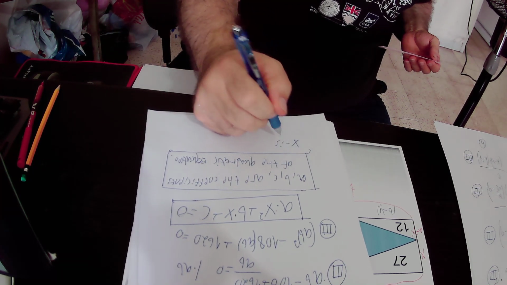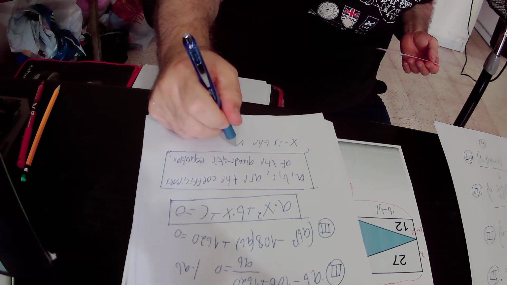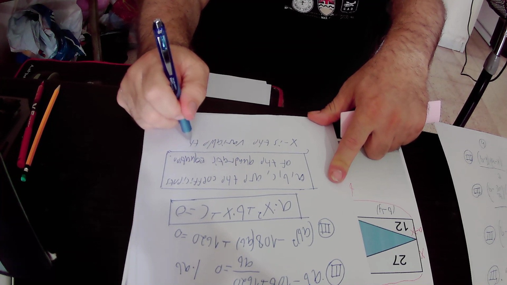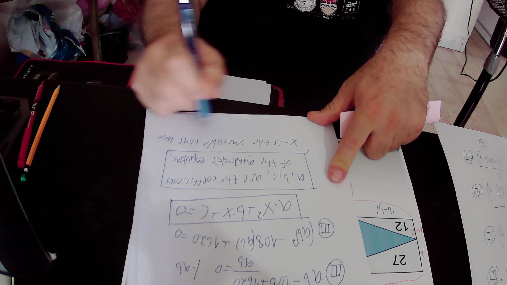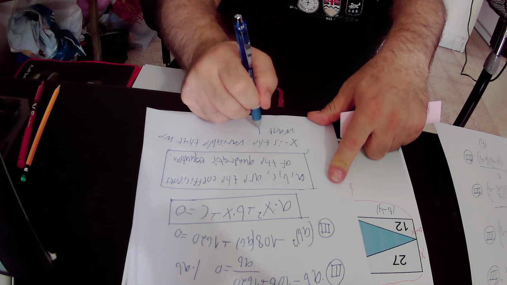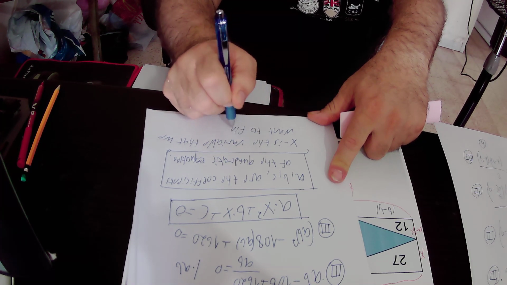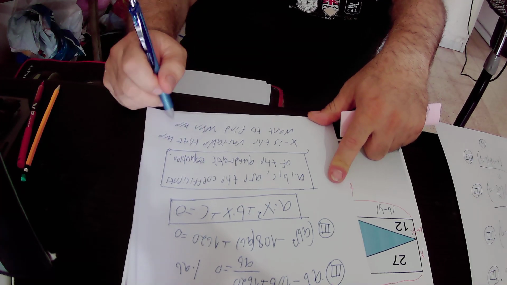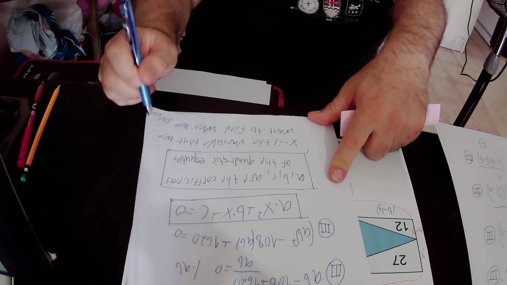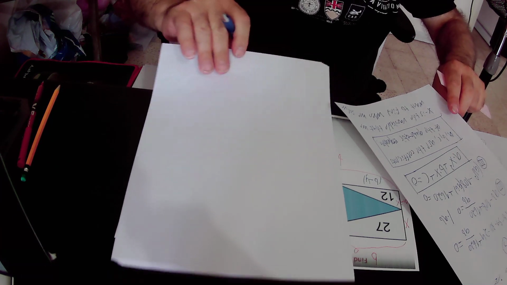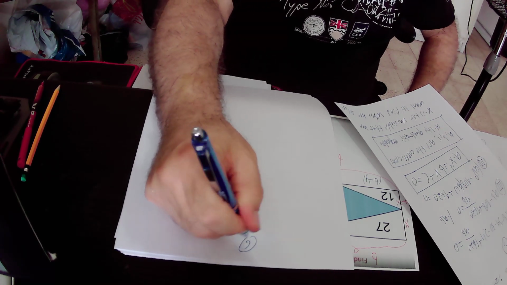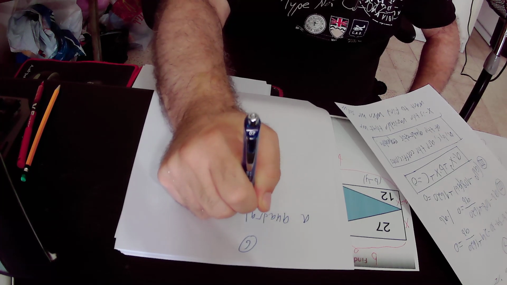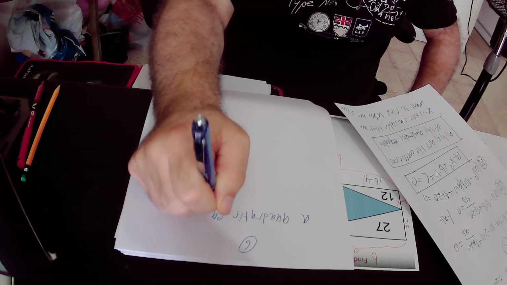X is the variable that we want to find when we solve a quadratic equation.